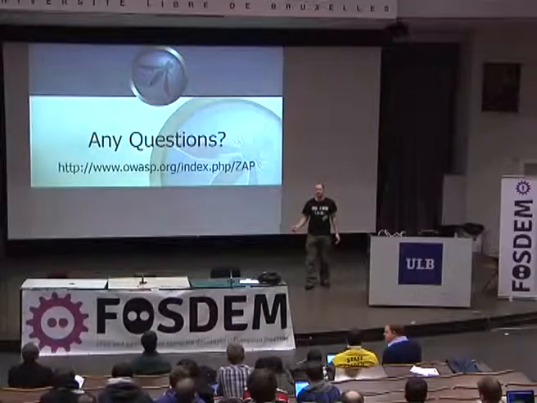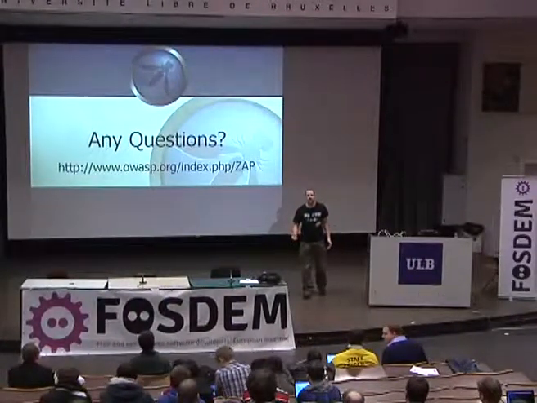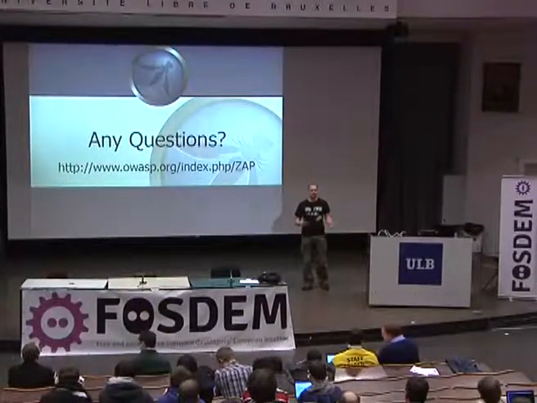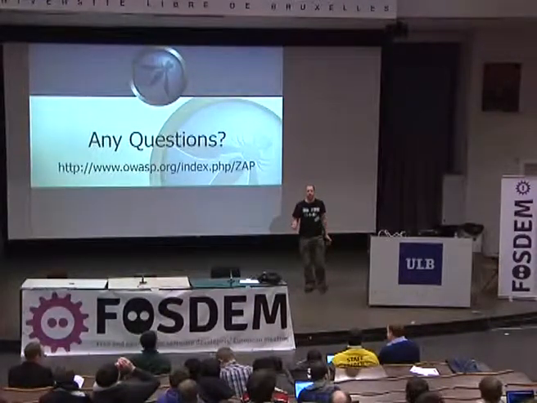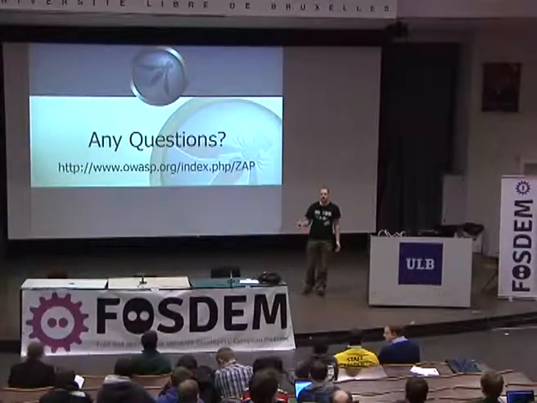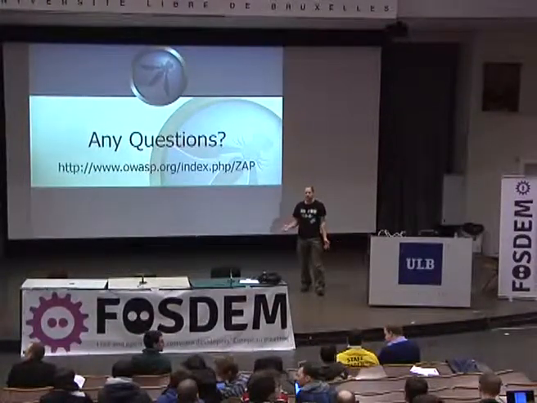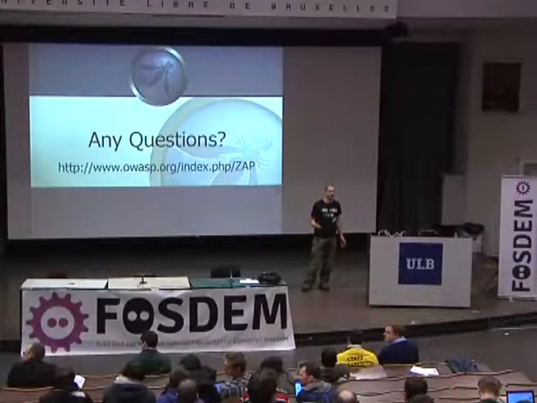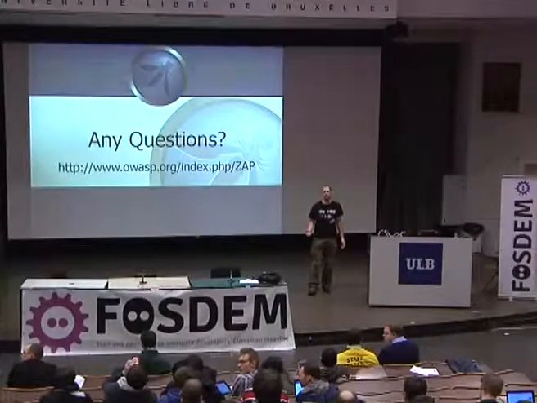There are a lot of tools in this space. The original OWASP one was WebScarab. I actually looked at WebScarab early on. When I decided I wanted to do some open source work and thought about working on a tool, I thought about working on WebScarab. Now, WebScarab at the time hadn't been updated for a long time. It is being updated, but not very much. And I don't think I'm the only person who thinks it's quite a complex tool and not very intuitive.